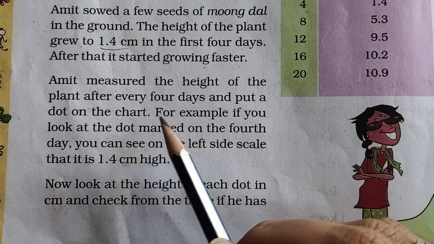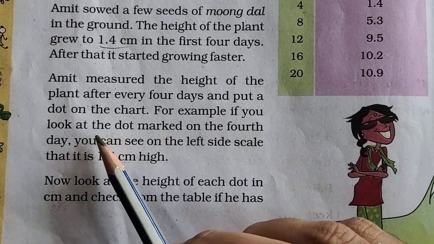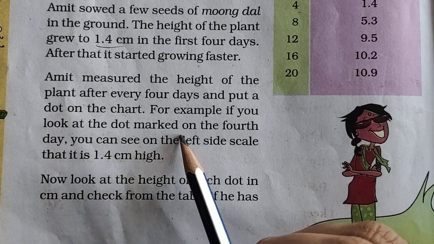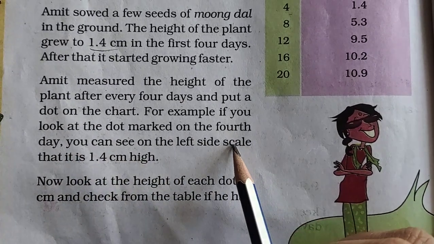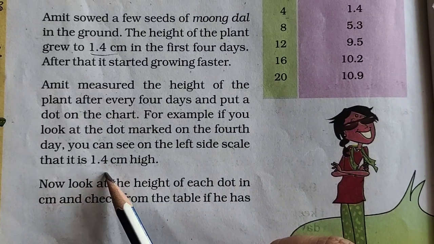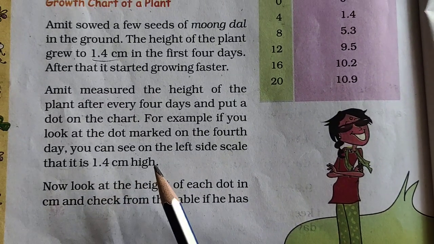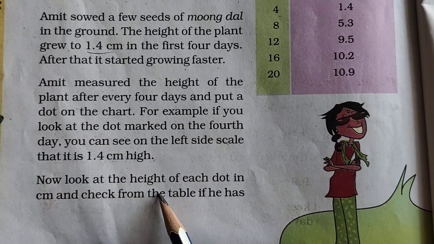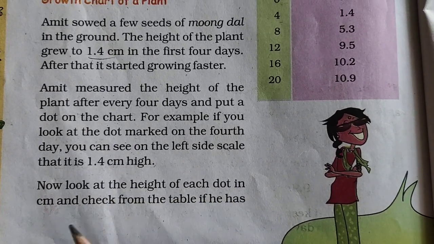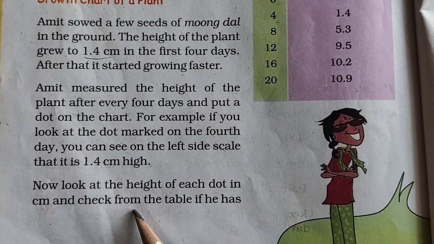If you look at the dot marked on the 4th day, you can see on the left side scale that it is 1.4 centimeters in height. Now look at the height of each dot in centimeters and check it against the table.